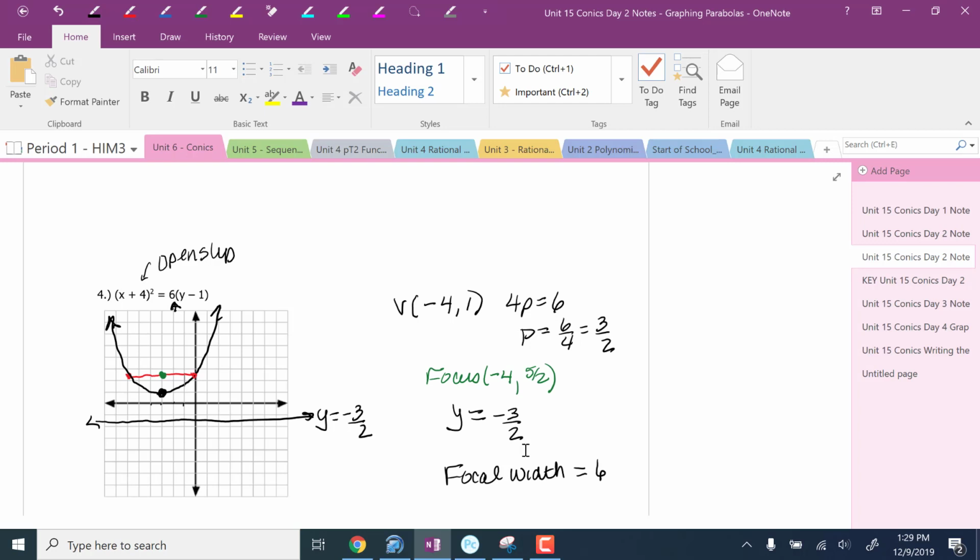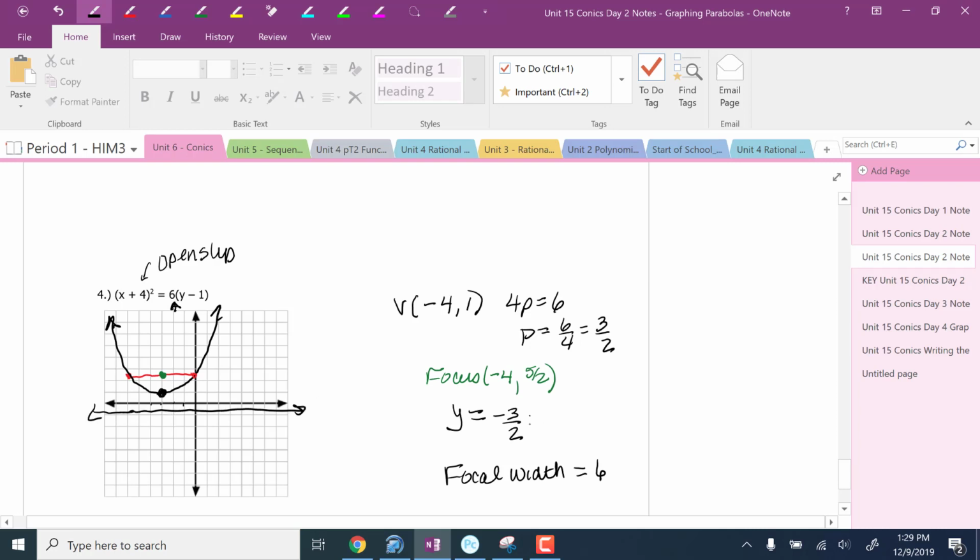Oh, I'm sorry, it should be at negative 1/2. That's my fault. It's got to be 1.5 away, 1.5 away. And then we connect our branches and we have our parabola.